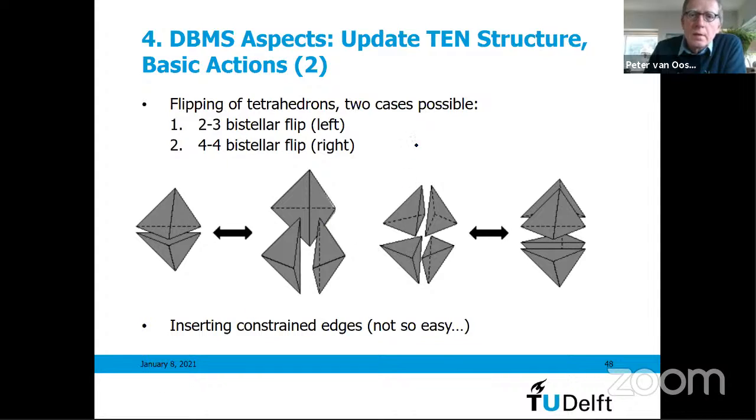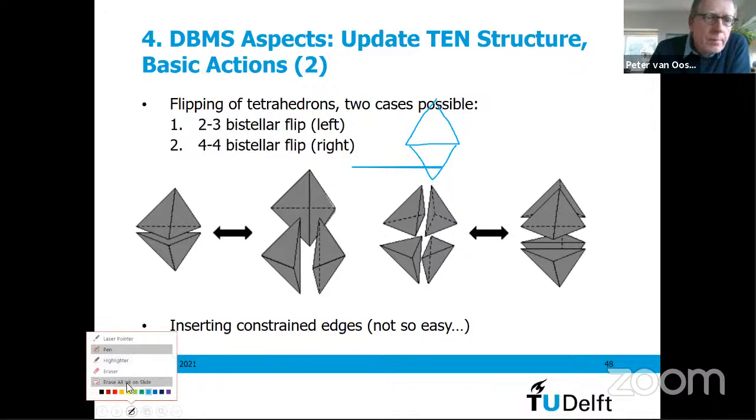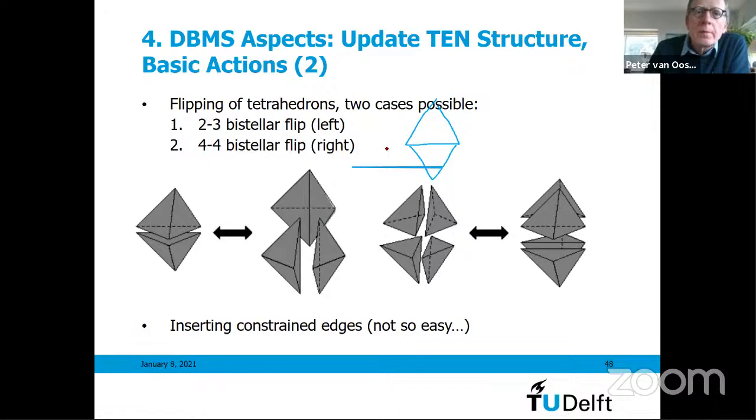In 2D, when I have two triangles, I can make two new triangles by flipping this edge in the middle. I just change this one, and that means that I get this triangle and this triangle. But actually only one edge has been changed.